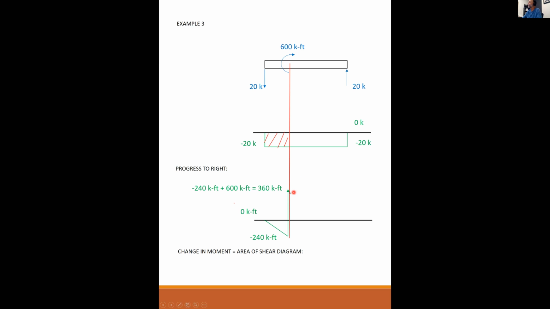And then the change in the moment from this point is equal to the area of the shear, which would then be 360 minus the 20 times 18 feet, which brings me back to 0, like so. Okay, so an applied moment makes a jump in the moment diagram. An applied point load makes a jump in the shear diagram. Does that make sense?